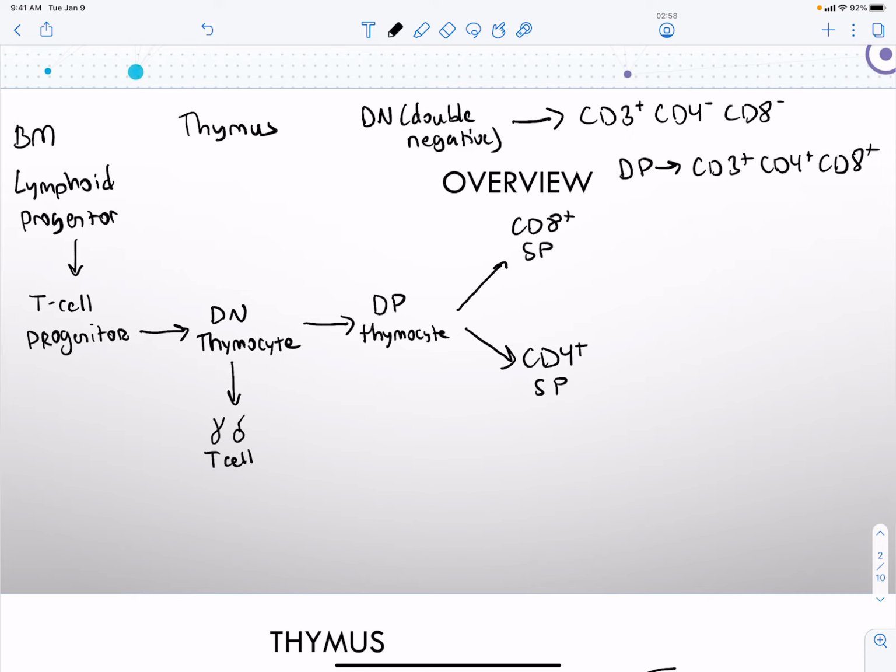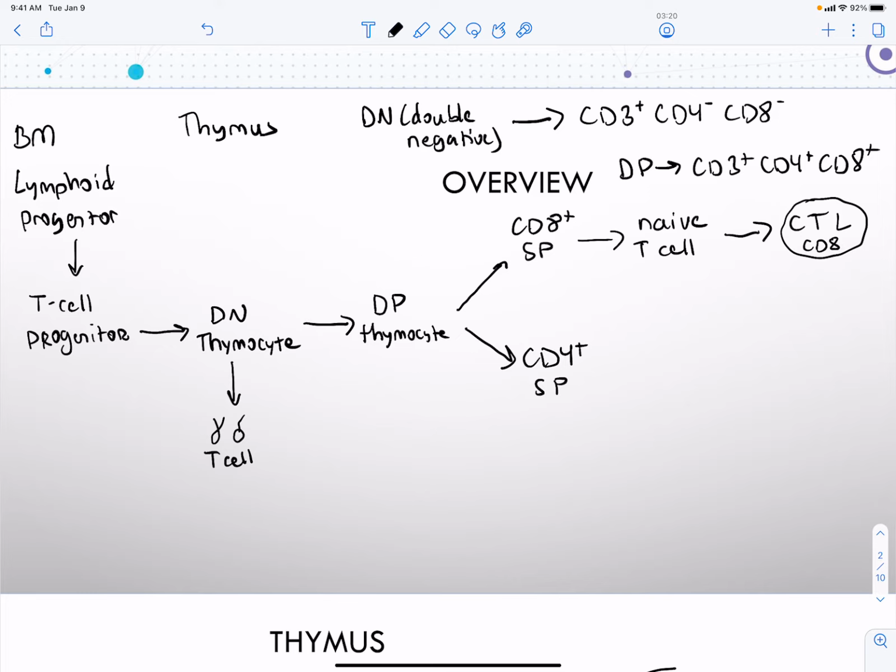Now the single positive CD8 T cell will then become a naive T cell, and then will become our cytotoxic T cell, our CTL. So remember, this is our CD8, our cytotoxic lymphocyte.